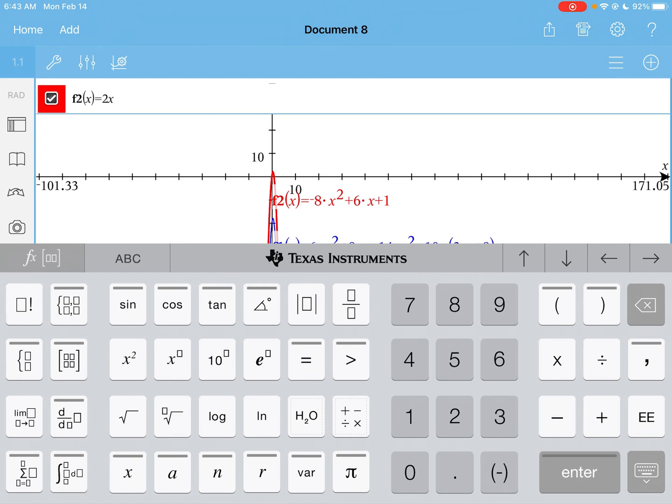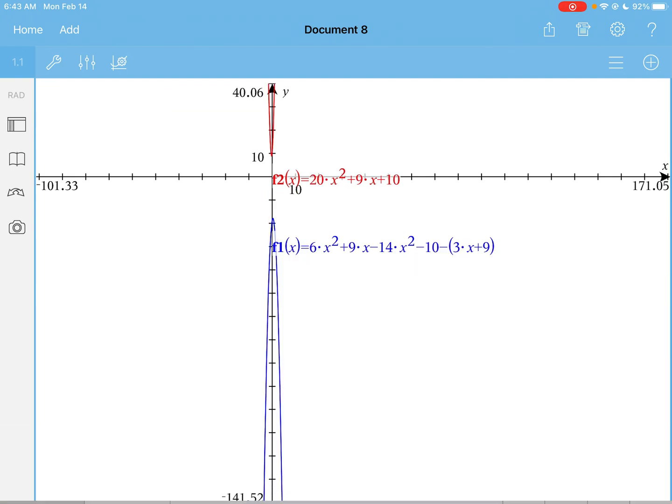We have 20x squared. Oops, I typed in 2x squared. 20x squared. There we go. Plus 9x plus 10. That doesn't match either, so none of these answers match.